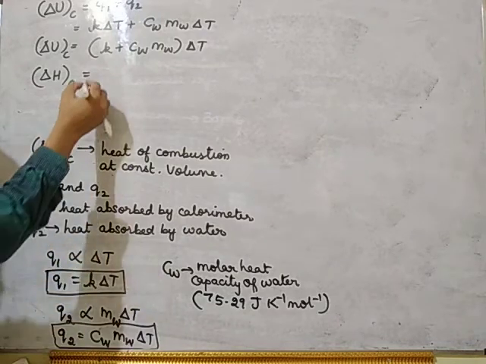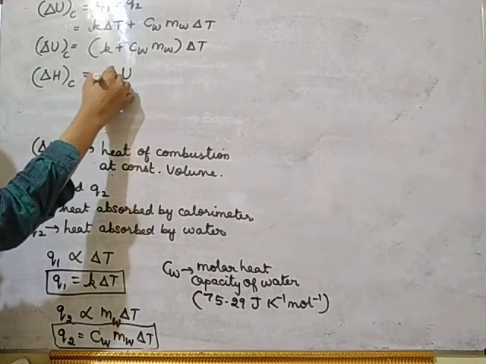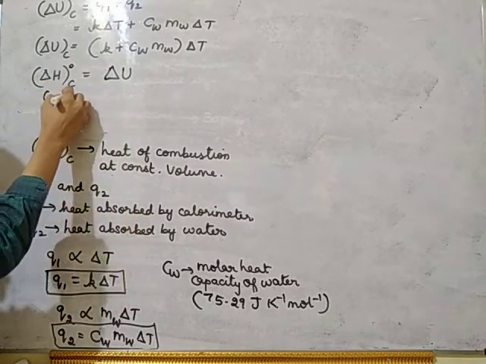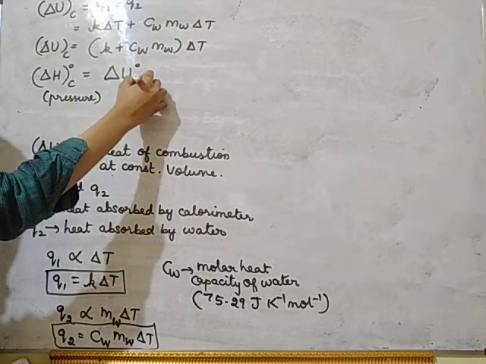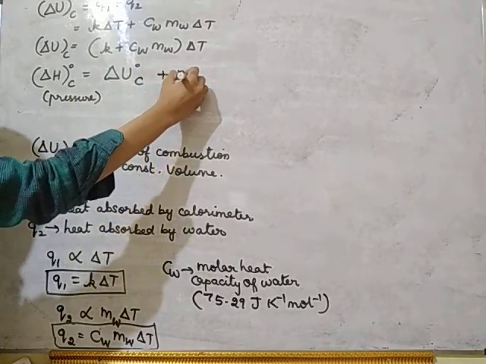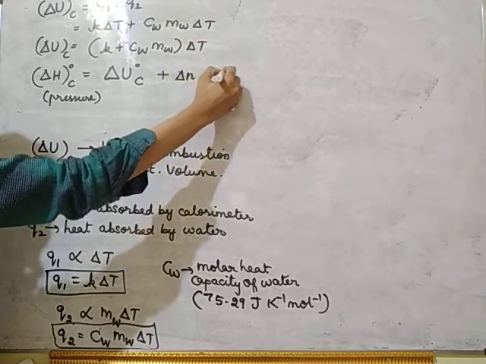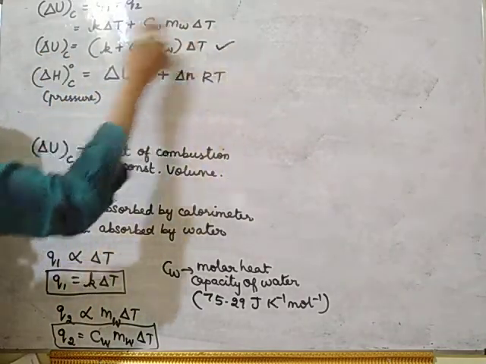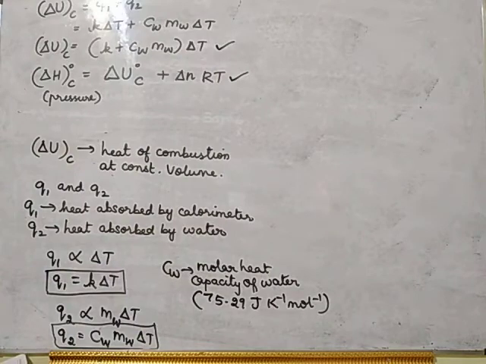Okay, this is for pressure: delta H will be delta U naught C plus delta N, change in the number of moles, R T. So this will be the formula to calculate delta U, and this will be the formula to calculate delta H.